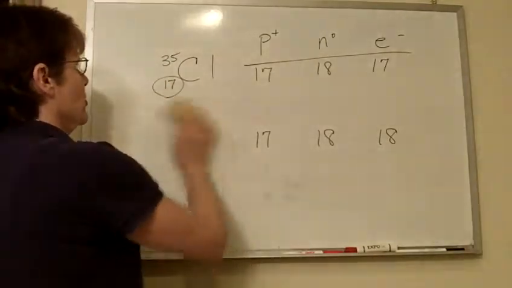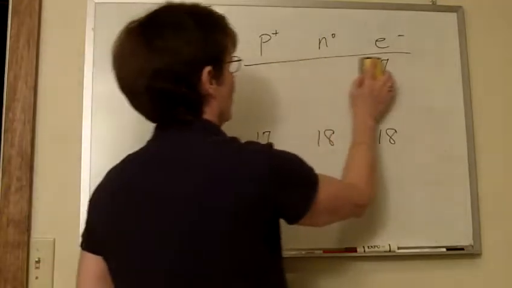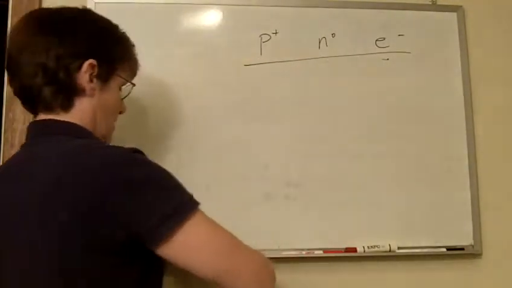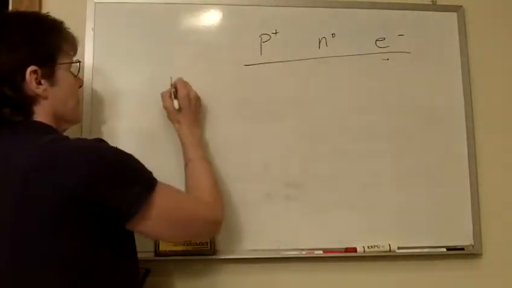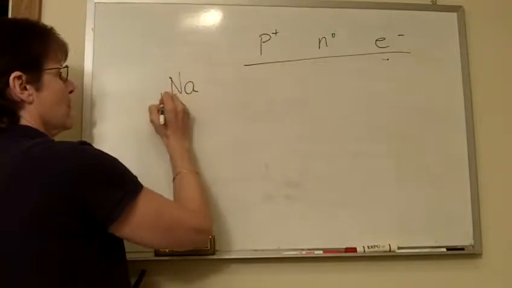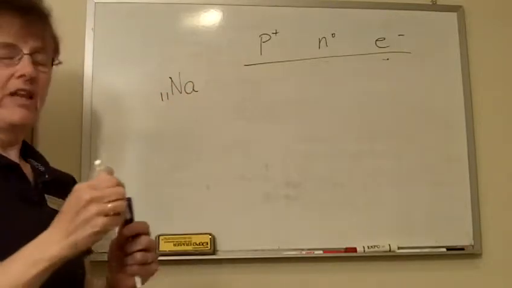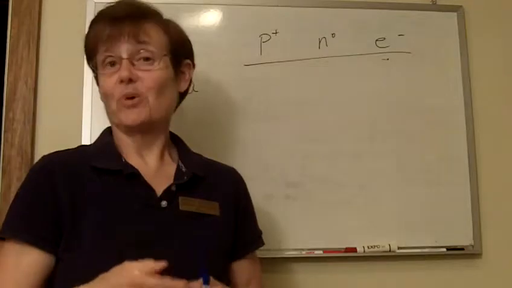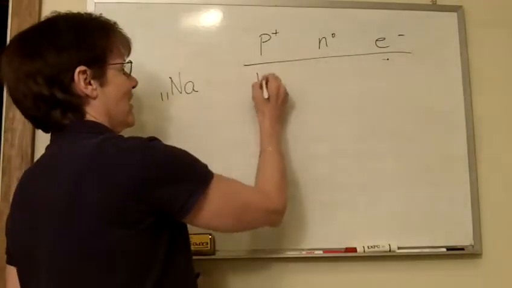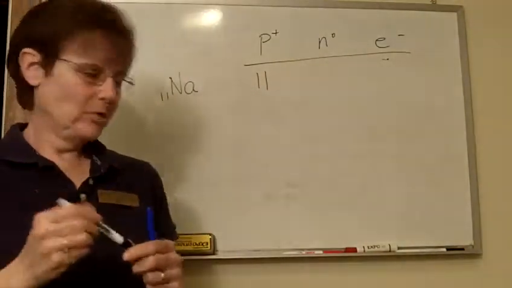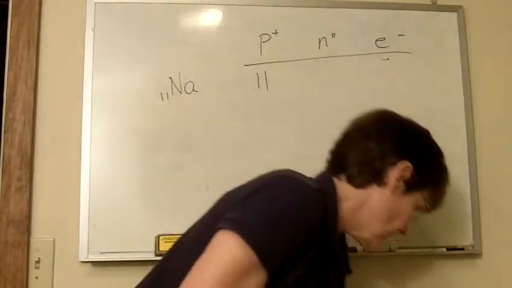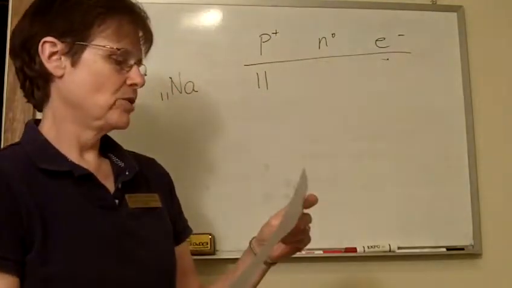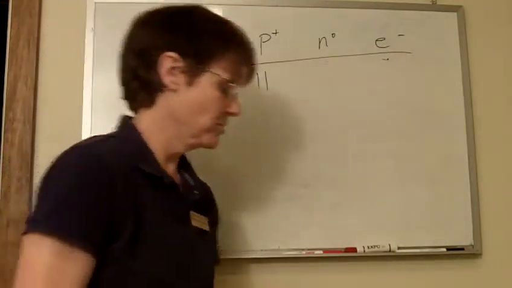Now let's change the scenario and look at sodium. So sodium is number 11, and it has 11 protons in its nucleus, so we can right away put that there. And then if you look at your periodic table, you will find that sodium is 22.99, pretty close to 23.